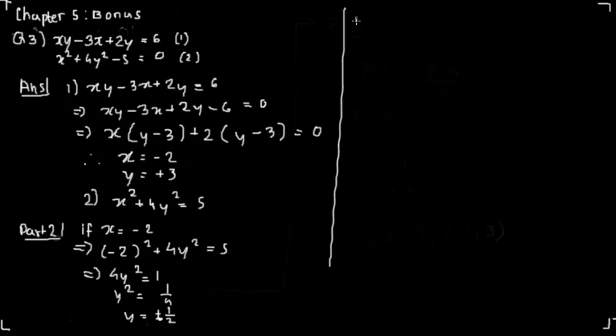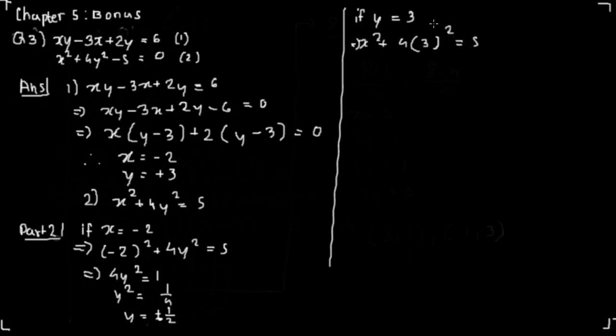So now we're going to go here, and if y is equal to 3, then x squared plus 4 into 3 squared is equal to 5, right?